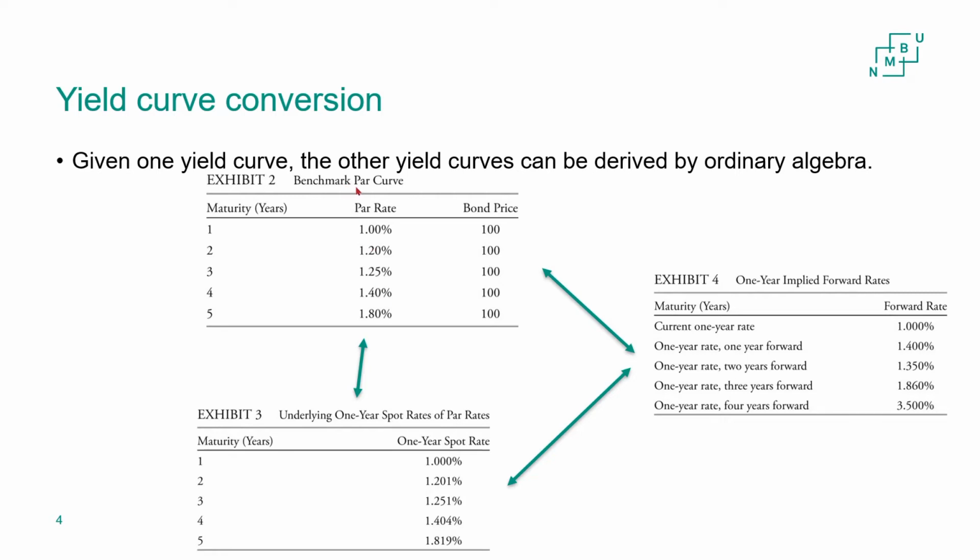For example, the par curve is often used when you issue new bonds. And why is that? For example, when you issue a new bond, let's say you want to borrow 100 million euros, okay?